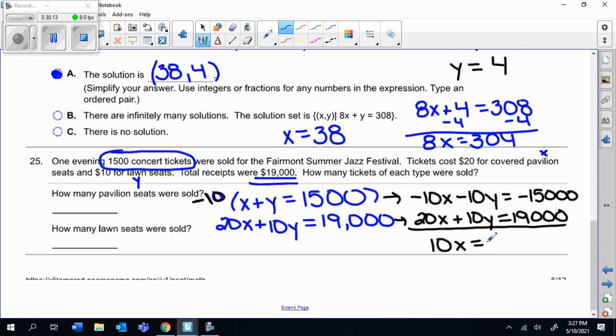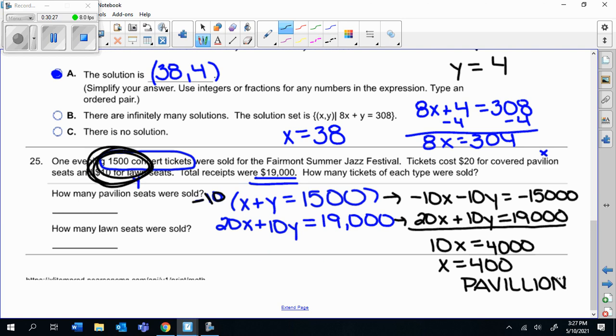This turns into 4,000. So when I divide by 10, that's going to give me 400 pavilion. And it has to add up to 1,500, since 1,500 were sold. If 400 were pavilion, then the lawn seats must be 1,100 by subtraction.